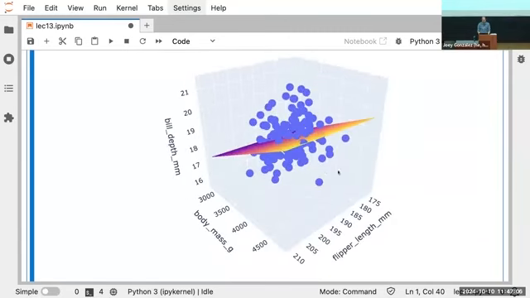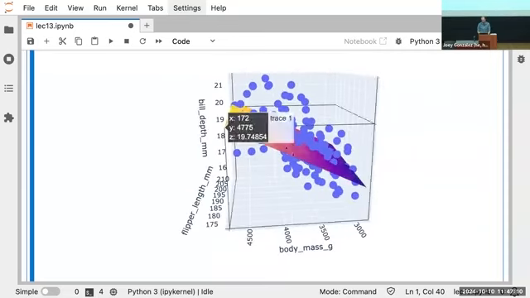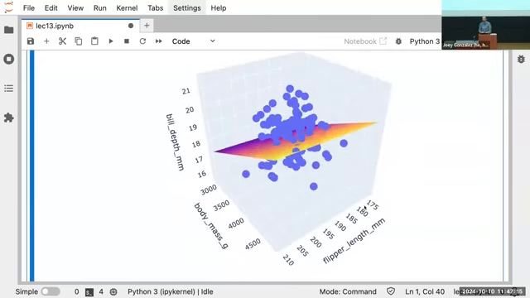Not bad, right? If I did not have an intercept term, what would be true about this plane? It goes to the origin. Very good. Why would it go to the origin? Because when body mass is 0 and flipper length is 0, 0 times theta 1 plus 0 times theta 2, and there's no intercept term, is 0. So the thing I can predict is that bill depth has to be 0.